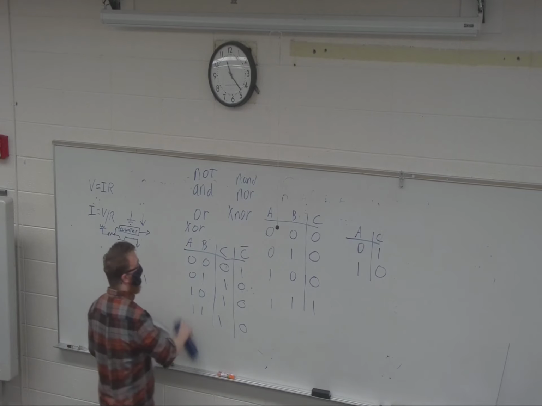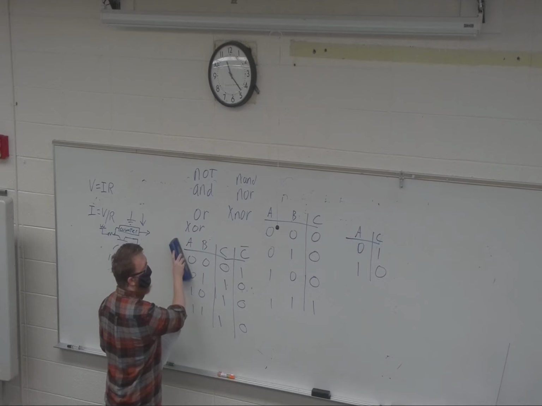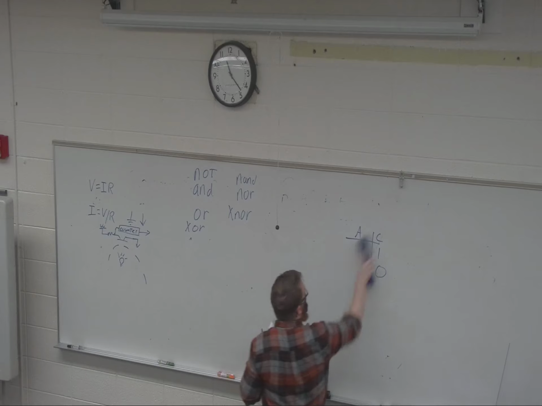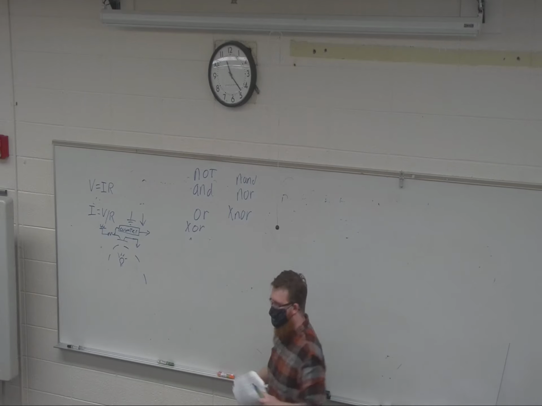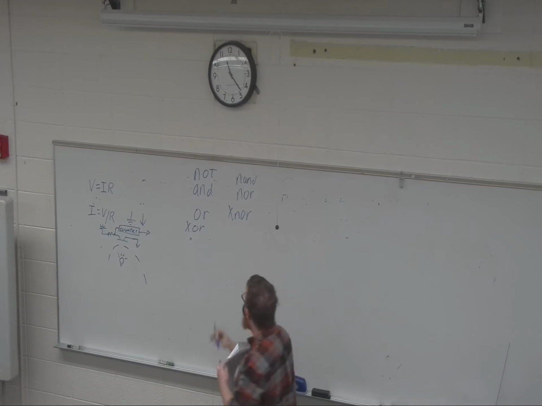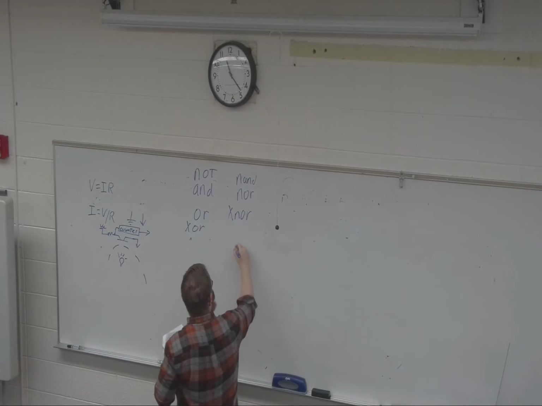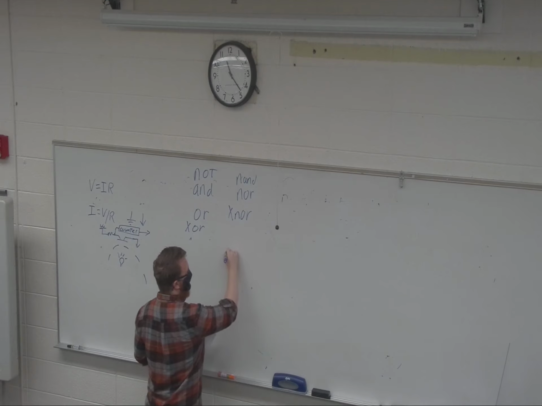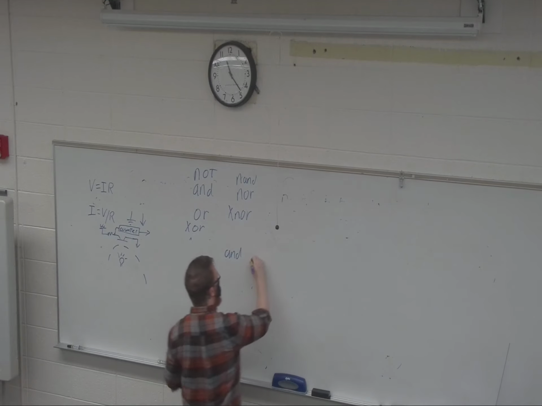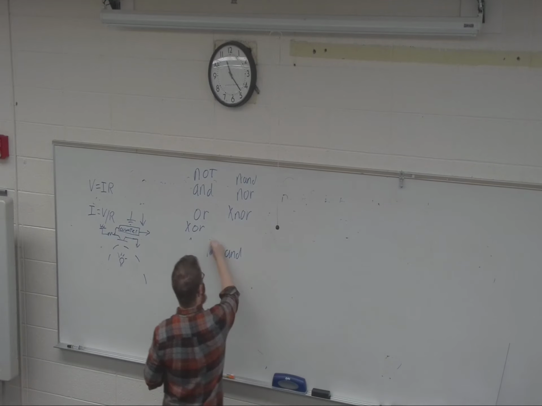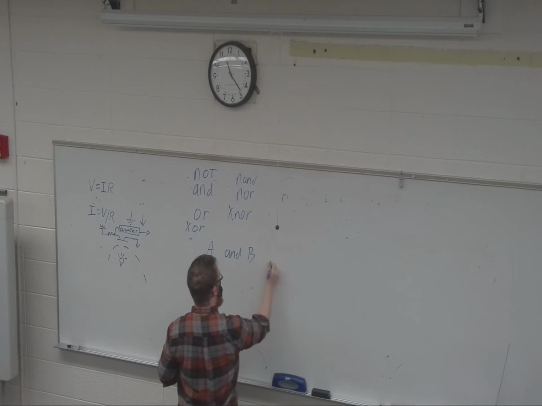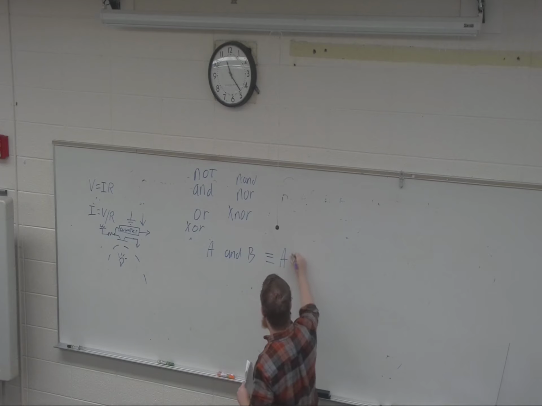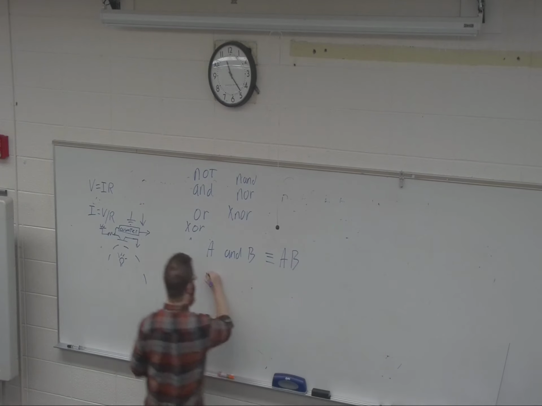Now, these logical operators have symbols associated with them so that we can move towards Boolean algebra, because everybody loves algebra. So and is multiplication. So if I want to write and, A and B is equivalent to that.